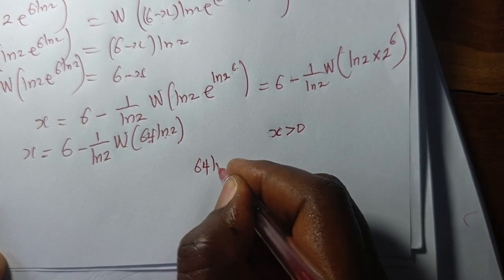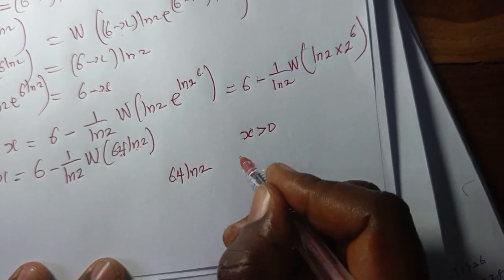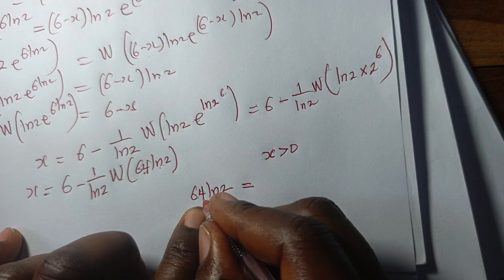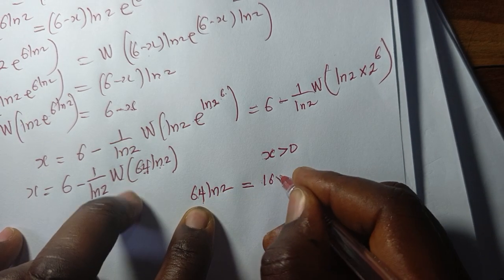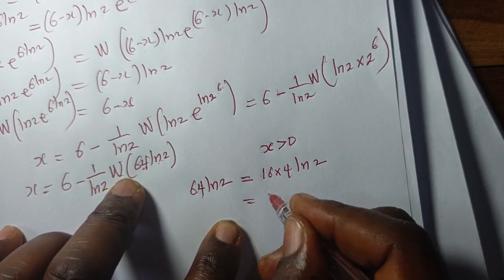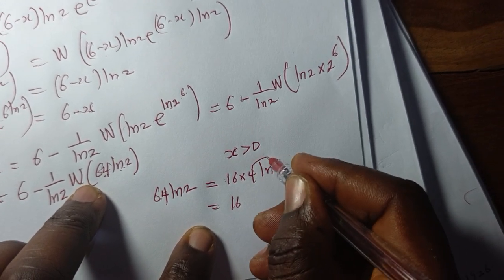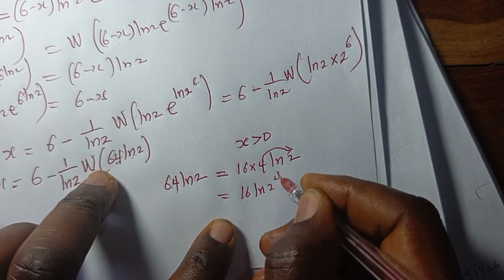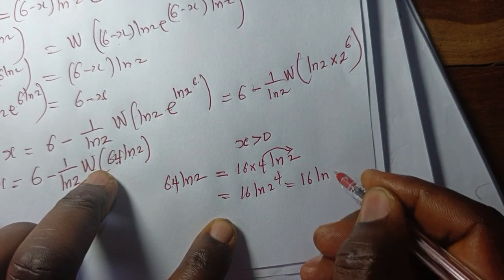Let's consider 64 ln 2. 64 ln 2 can be rewritten as 64 is 16 times 4, then ln 2, which can also be written as 16, where 4 will now serve as the power of 2 here. So that will be ln 2 raised to power 4, which is 16 ln 16.